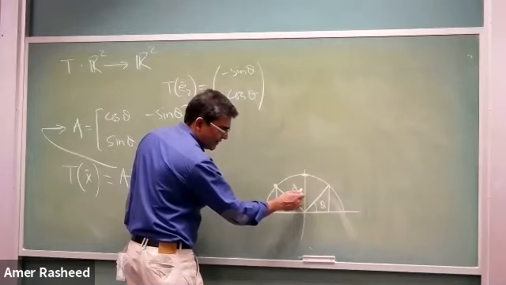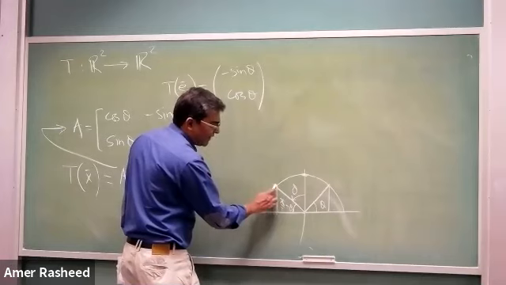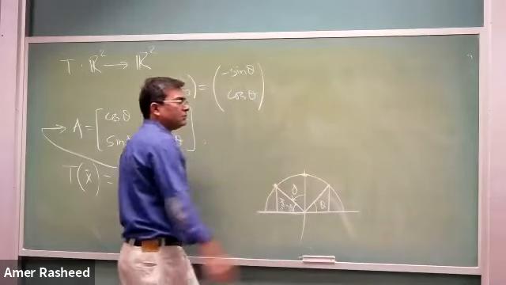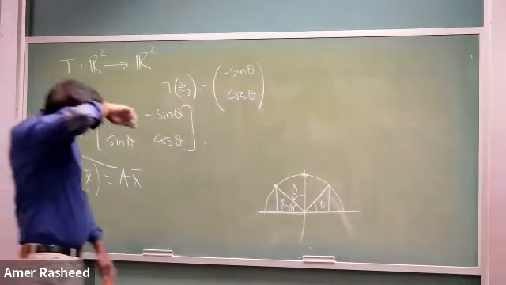You have to find this angle, which is pi by 2 minus theta. Now you can find the coordinates of this point with respect to the x-axis. So that's why we are writing here pi by 2 minus theta. We are not going to use theta. Got it?